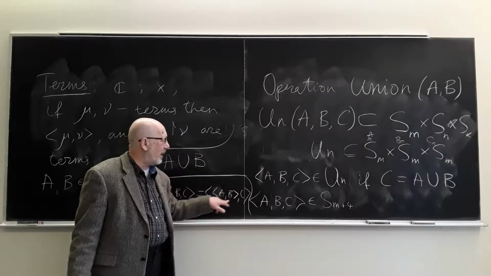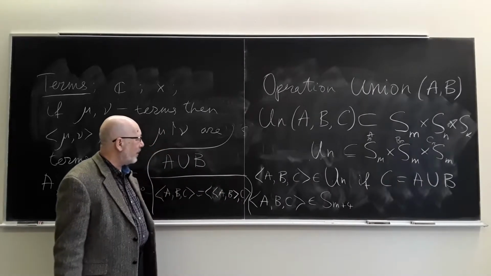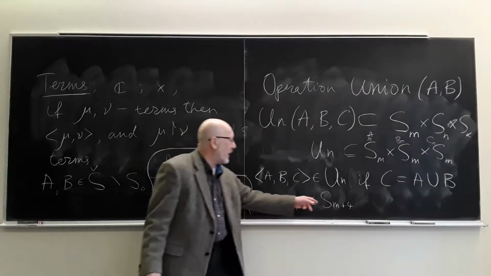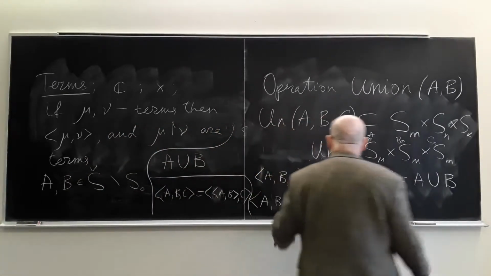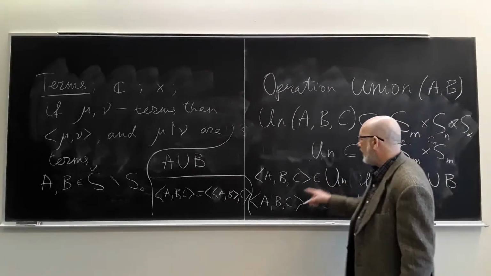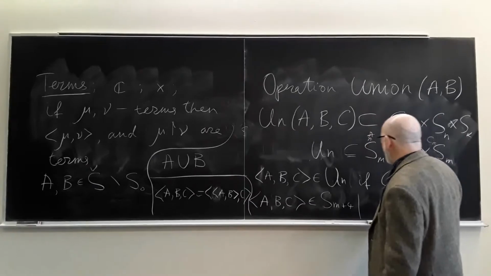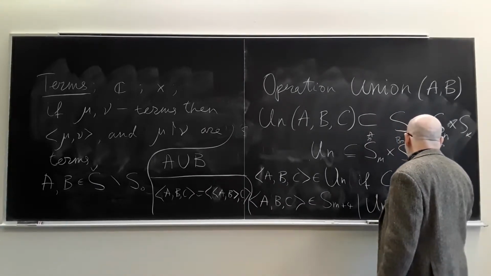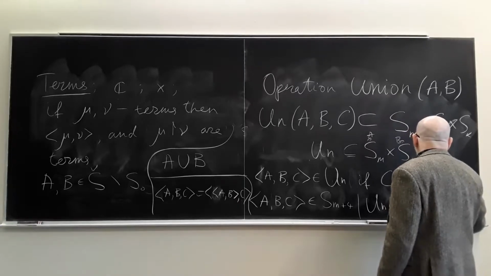So this means that this triple is in Sm plus 4, and so the union is a set of such triples. So the union is a subset in Sm plus 5.